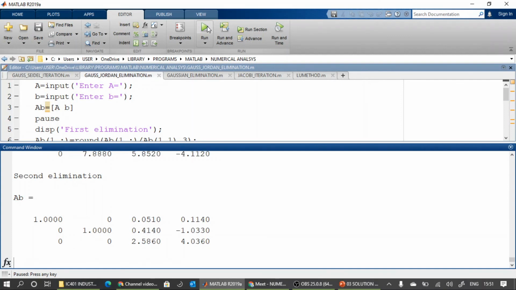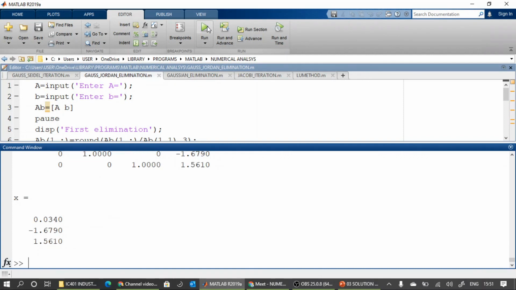This is after the second elimination. This is after the third elimination. So you can see that the rightmost column vector is the solution. So x is equal to 0.0340, minus 1.6790, 1.561. So this is the solution.